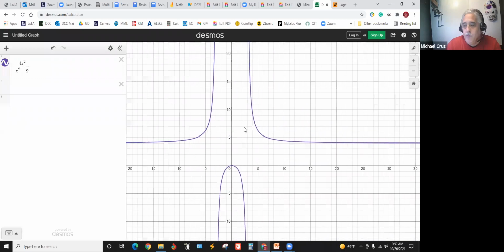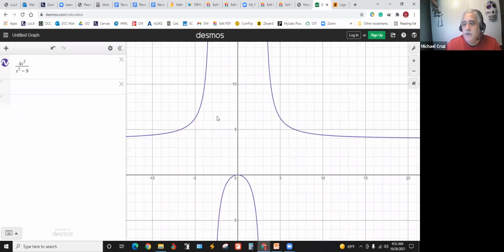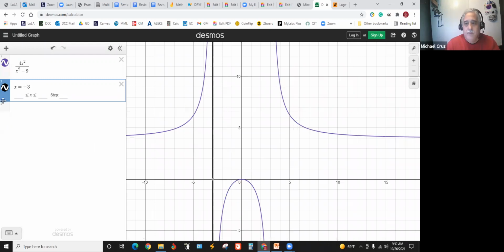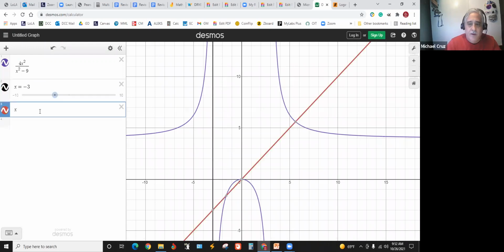Really pretty weird. All right, so it's kind of hard to see. Let's see. But right here is x is equal to -3. So let's see, x. Okay. Let's see if I can get a different color.